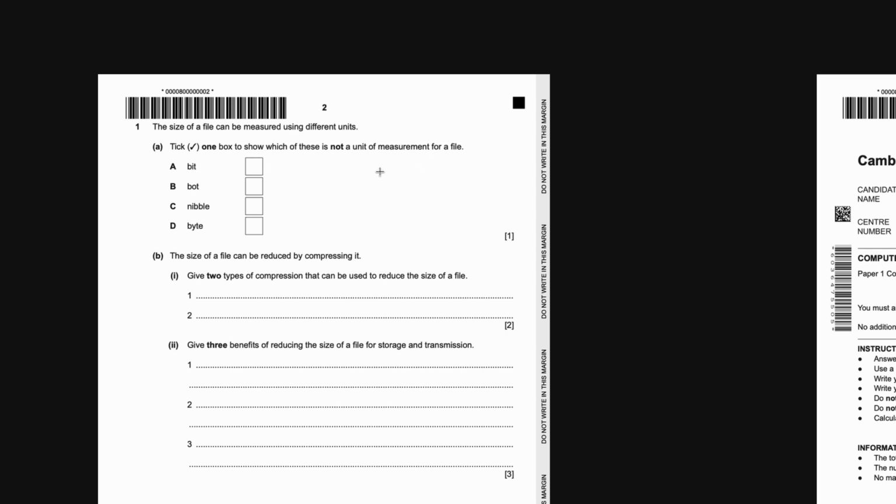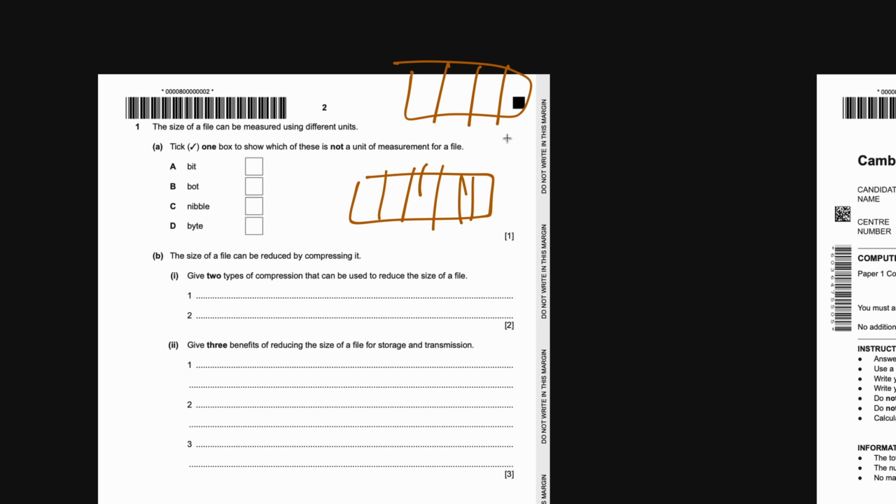A bit is basically 1 unit, 8 of which makes up a byte, which is a unit of measurement for a file. So it's not what we want, right? A nibble is basically 4 bits, which is half of a byte, which is also a unit of measurement.